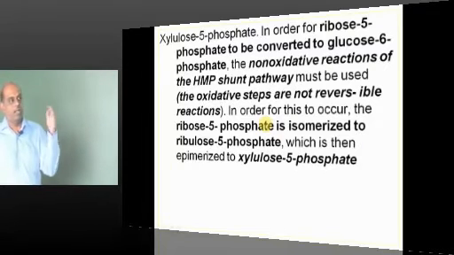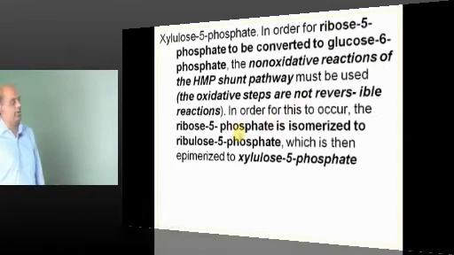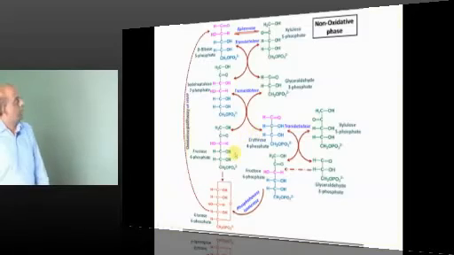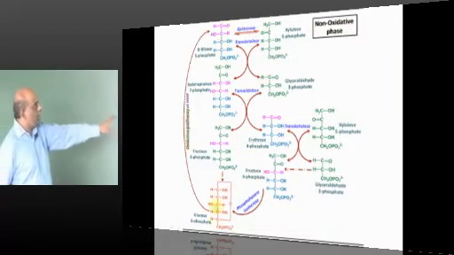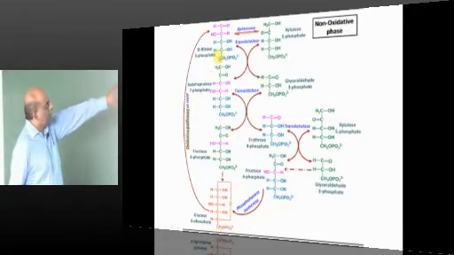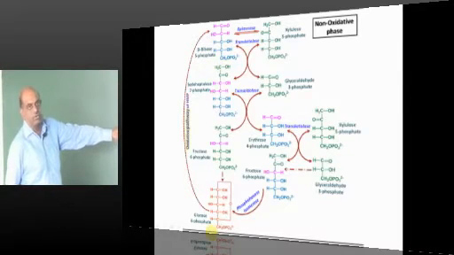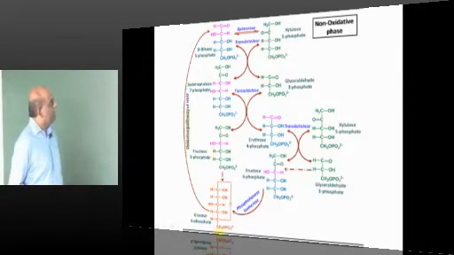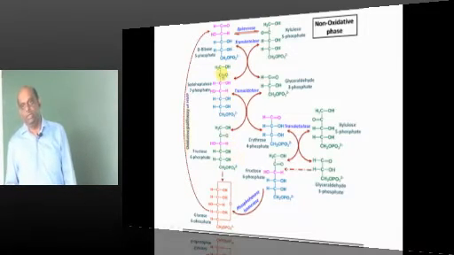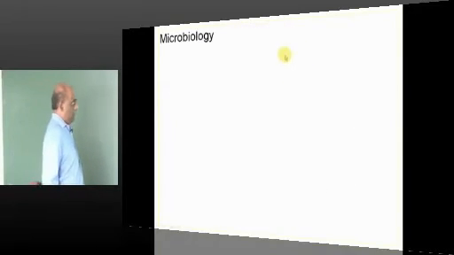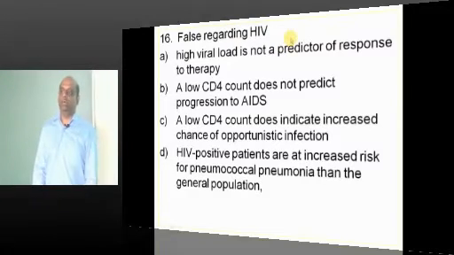Non-oxidative is reversible, oxidative is not a reversible reaction. So you must know what are the different things involved in the non-oxidative phase. In the non-oxidative phase, ribose 5-phosphate gets converted into glucose 6-phosphate and it is a reversible phase, is what you need to basically remember.